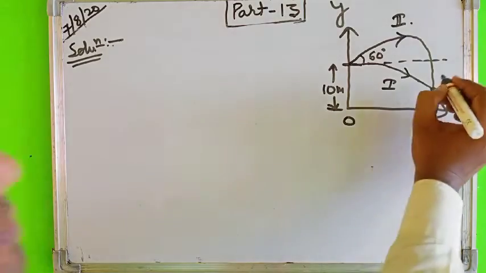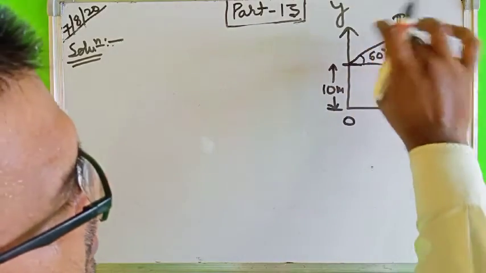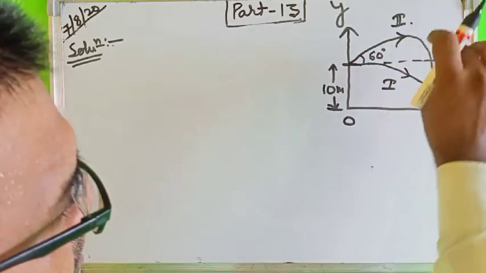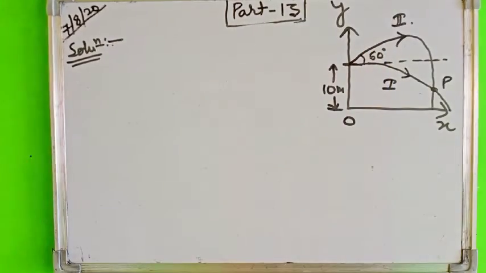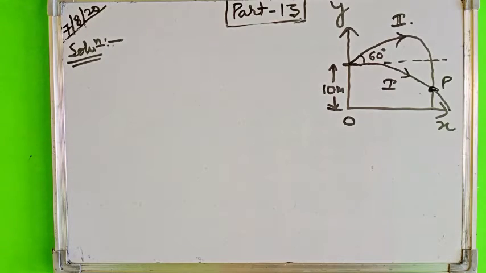Now the first thing you have to find out is, when the two guns collide, what is the time interval between the firing of the two guns? And the second thing you have to calculate is the coordinate of point P.